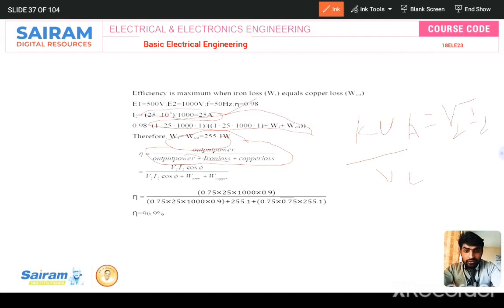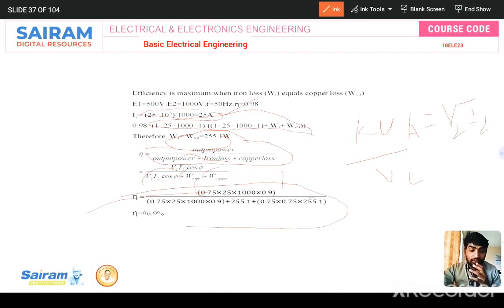Finally, V2 I2 into cos phi divided by V2 I2 cos phi plus iron loss plus copper loss, just substitute. Finally, the efficiency of the transformer we got is 96.9%. Use the calculator properly and put brackets properly, then only you will get the perfect answer. And also one logic I will tell you: while calculating transformer efficiency, you will get more than 90%.